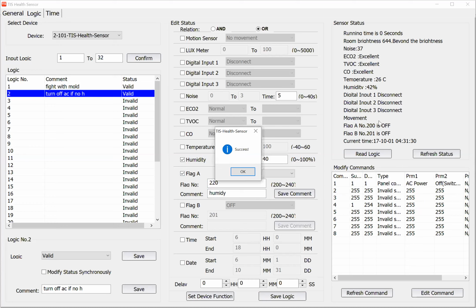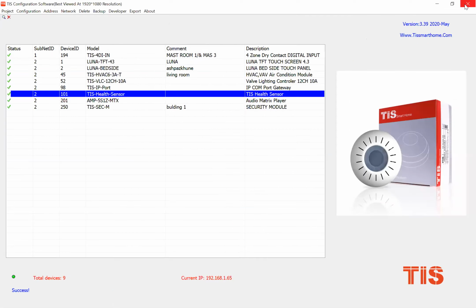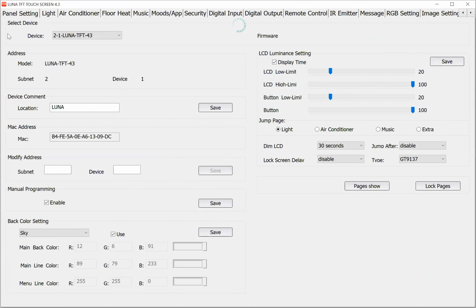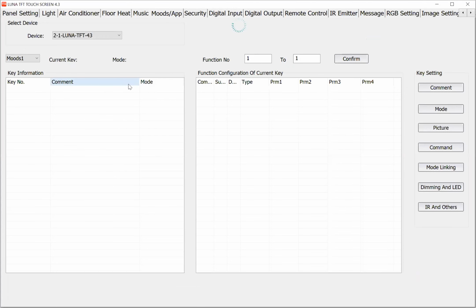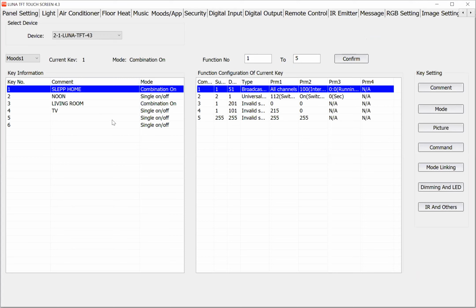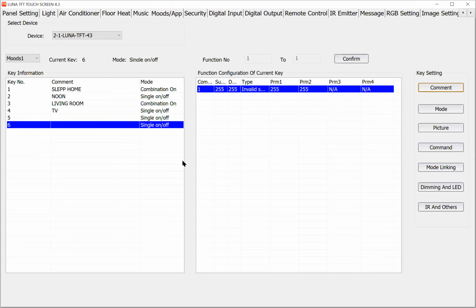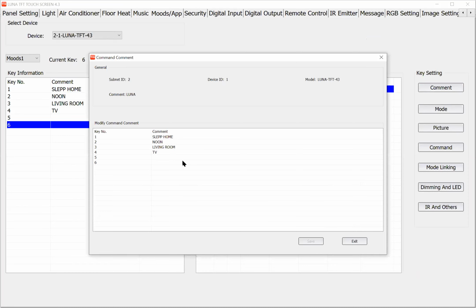Then I go to the Luna panel. For example, on the APP page, on this button I program auto dehumidifier.